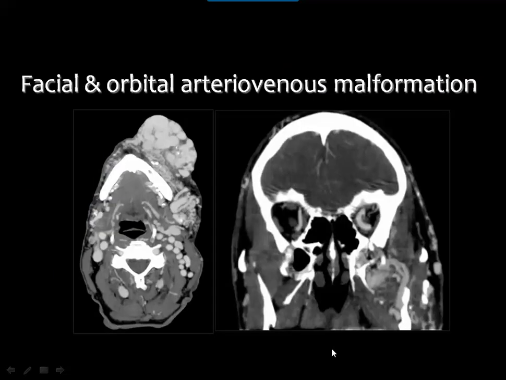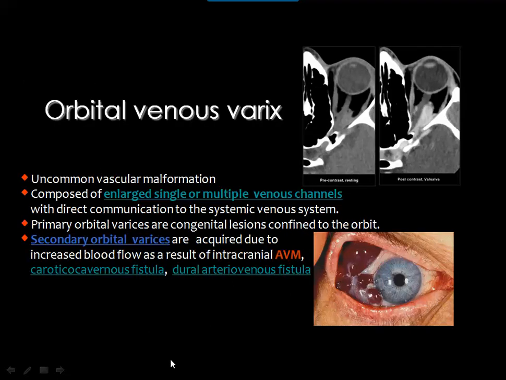Then facial and orbital arteriovenous malformation, and you know this is a very big cirsoid aneurysm affecting a good part of the face, and it has a component within the orbital cavity. Then orbital varix is an uncommon vascular malformation and is composed of enlarged single or multiple venous channels.